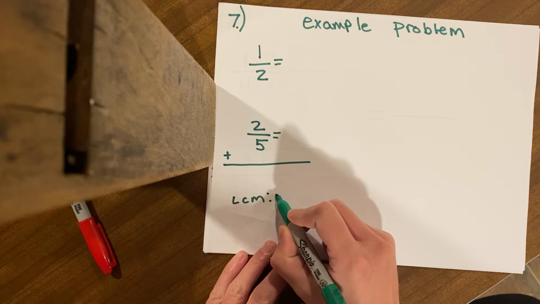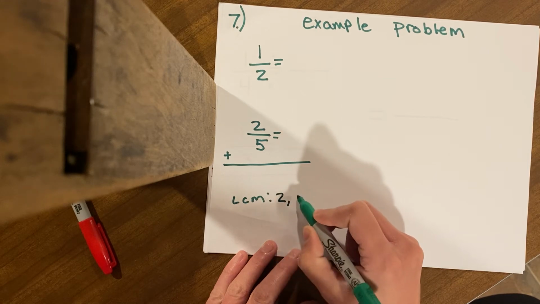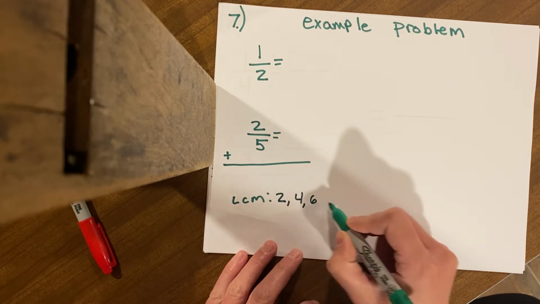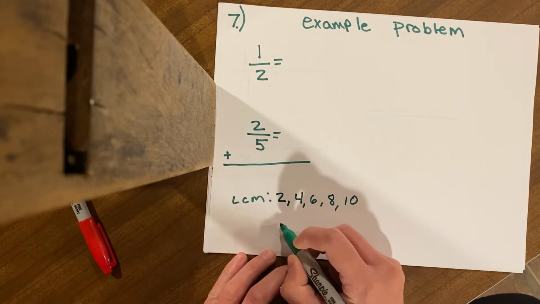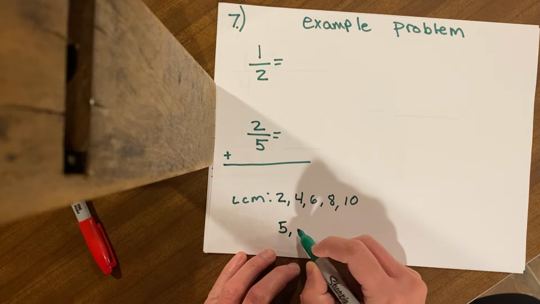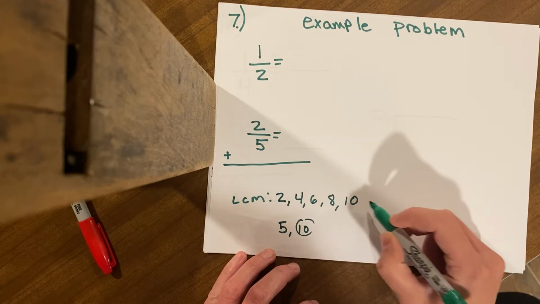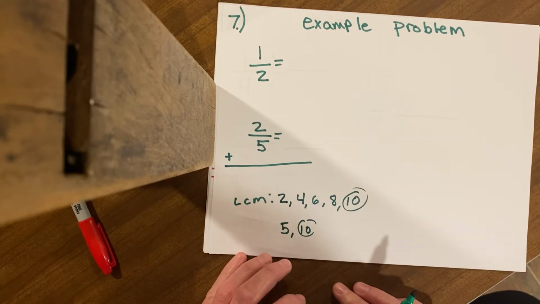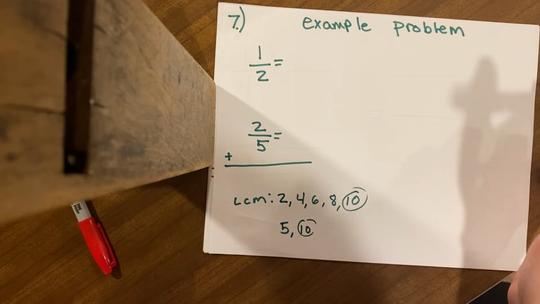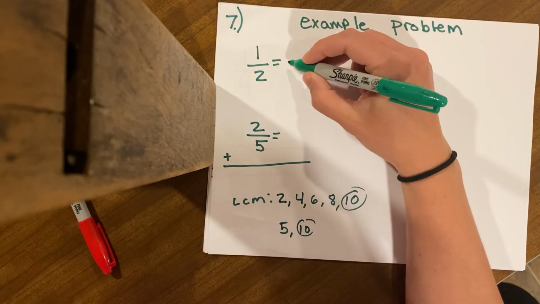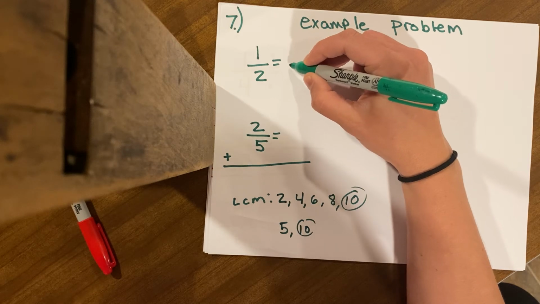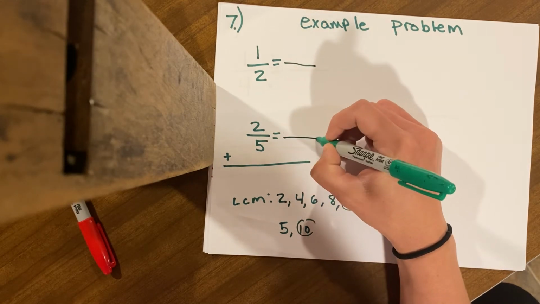The way we do that is we go 2, 4, 6, 8, 10, and for 5 we list our multiples 5, 10. We know 10 is the first number that's going to show up in common. Okay, so we've done our equal, equal. Let's continue. We make a line, we make a line.